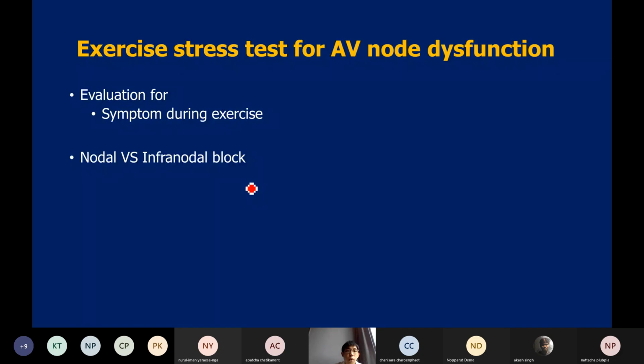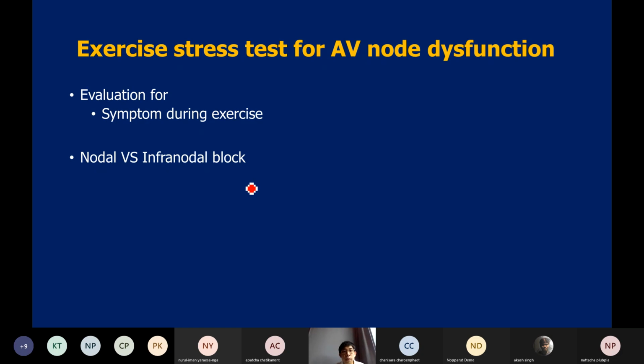So the benefit of exercise stress test in AV node dysfunction is, first, that we could evaluate for symptoms. If the patient comes to us and tells us that there are no symptoms at all when he has a bradycardia, that might not be the real picture, because patients might be sedentary and might not exercise a lot.